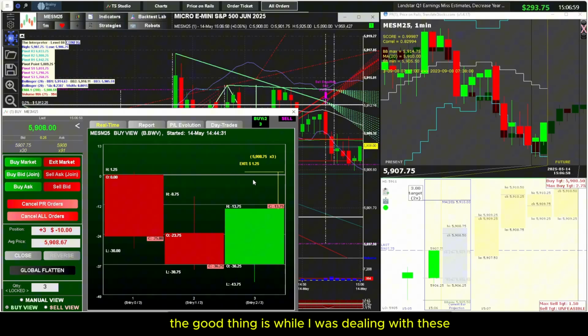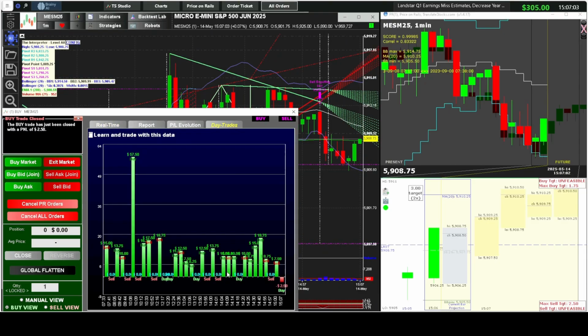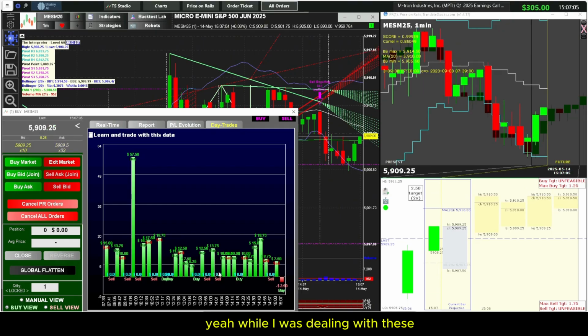The good thing is, while I was dealing with these, it changed my order again, approximating my order to the price, and I have a 2.5. If it's not moving with volume and it's not working with its own orders, it's changing my order when the price gets closer.